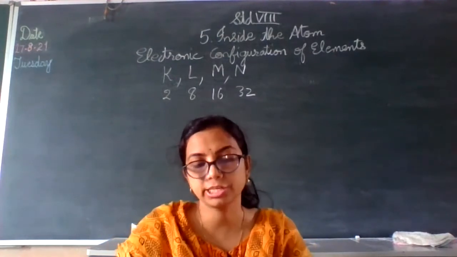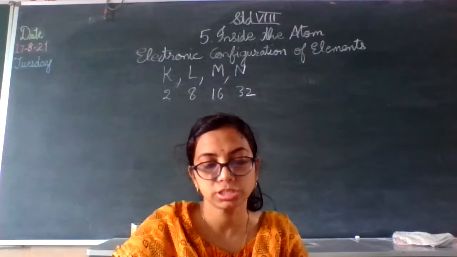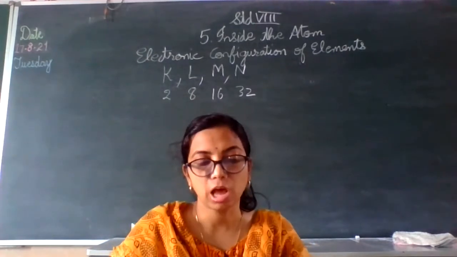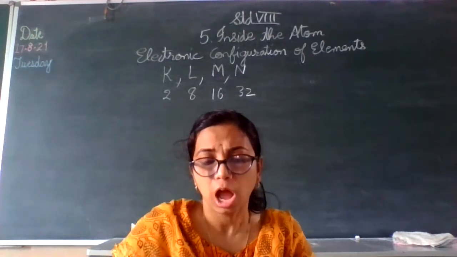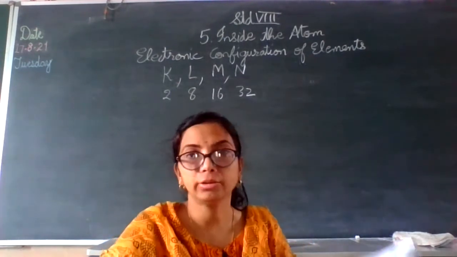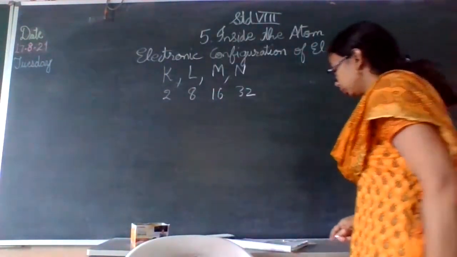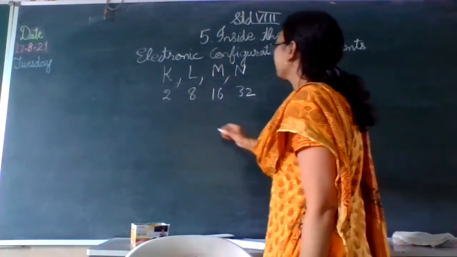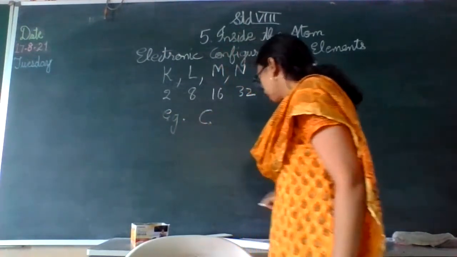In yesterday's table we have seen how many electrons are present with which of the elements. So how to make up the electronic configuration, let us try to do this today. Suppose, for example, we take carbon.